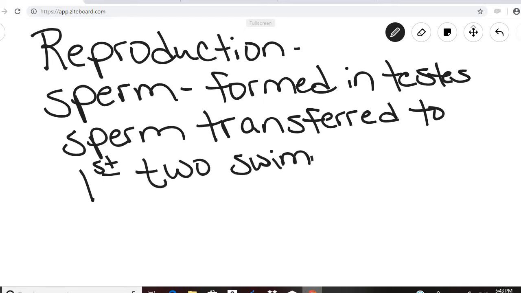And then the male uses those swimmerets to deposit the sperm in the female.